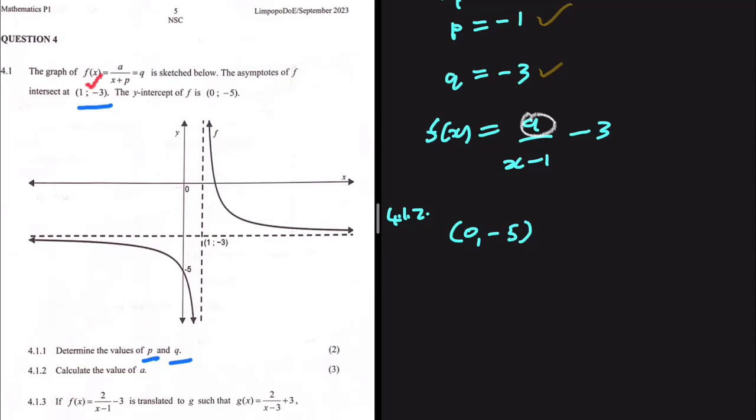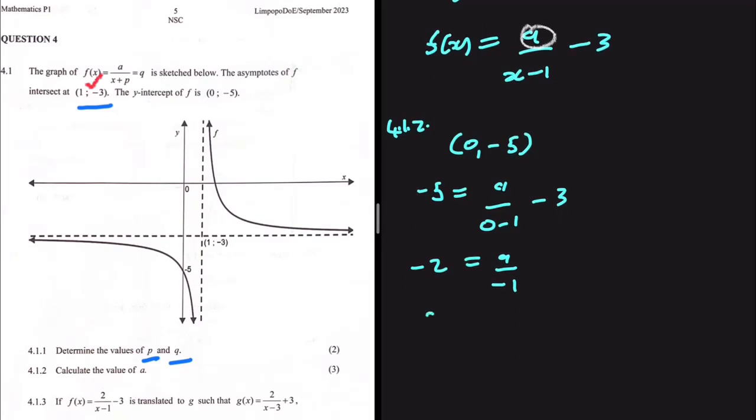We're going to get minus 5 equal to a divided by 0 minus 1, minus 3. If we take minus 3 to the left-hand side, we get minus 2 equal to a divided by minus 1. It should be easy to see now that a is equal to 2. So that is 4.1.2.